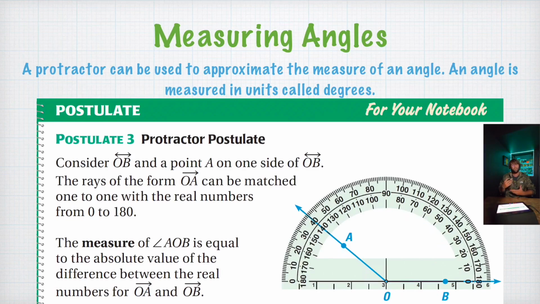Most real-life protractors have multiple numbers. We're going to learn how to classify angles in a second, but this is obtuse, so we know it's over 90 degrees. So obviously it couldn't be 40, so we look at the 140 where it's crossing, which was the difference we came up with.